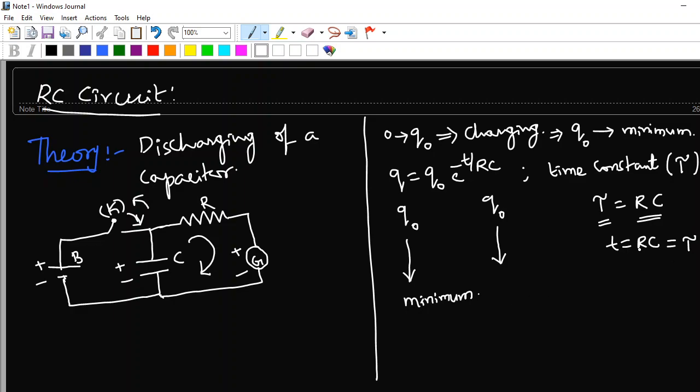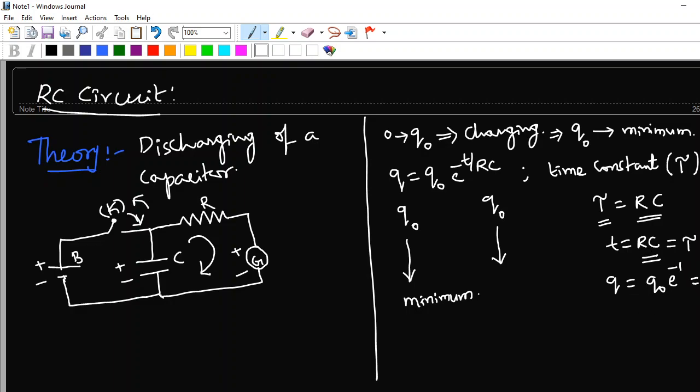At t = RC, that means RC is some value, which is also time. We are calling it the time constant. Now at t = RC, what is happening to our charge? Q = Q0 e^(-t/RC), where t is RC. RC by RC means 1.